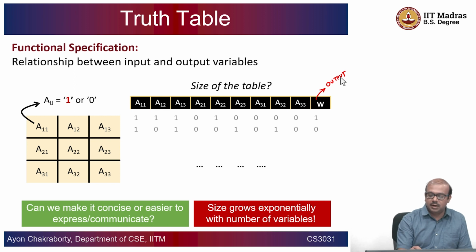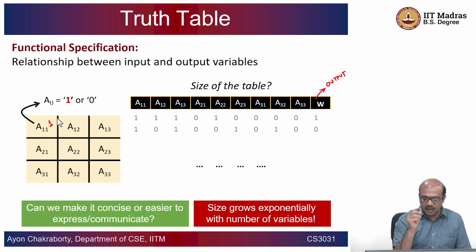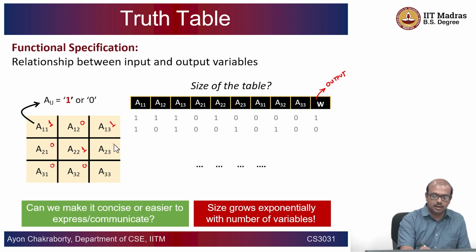For example, in the first row, you see that A11 is set to 1, so that contained an X. A12 contains a 1, A13 contains a 1, and A22 contains a 1. The rest of them are 0, and I don't care about them.